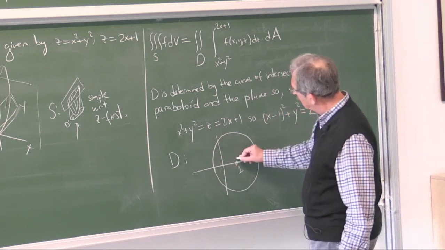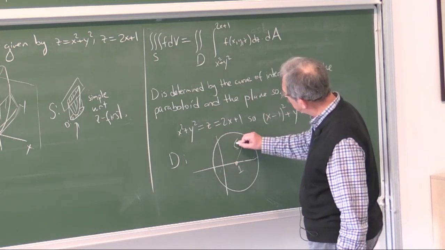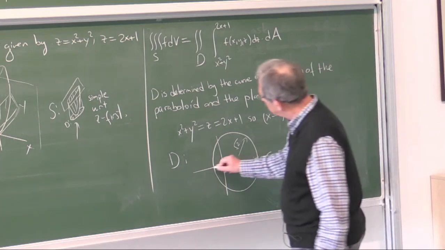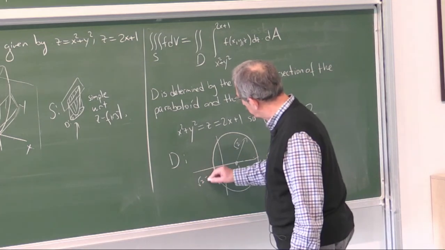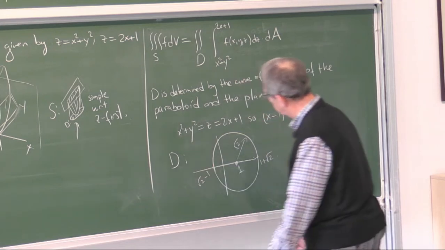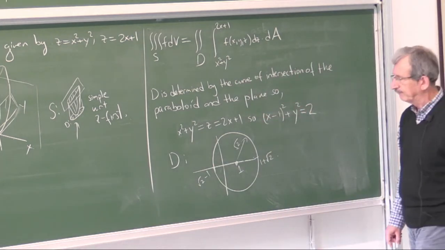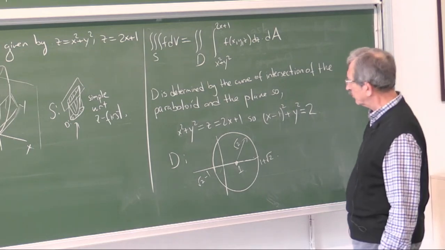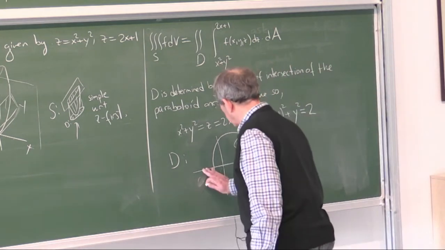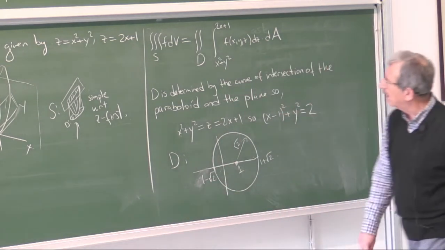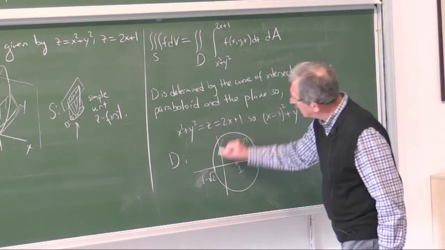The radius is square root 2. So this is 1 plus root 2, and this is 1 minus root 2. It must be a negative number. So this is our D.